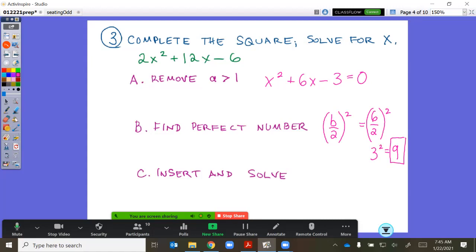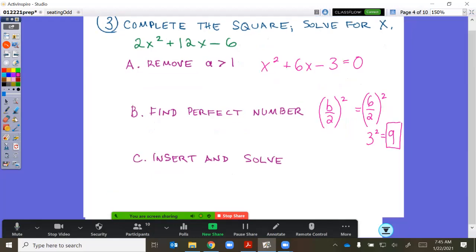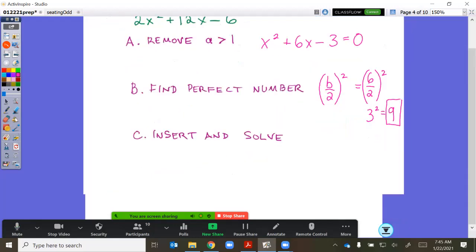Okay, so I'm going to insert and solve. Go ahead and insert the perfect number and solve. Well, where would you like it to be?